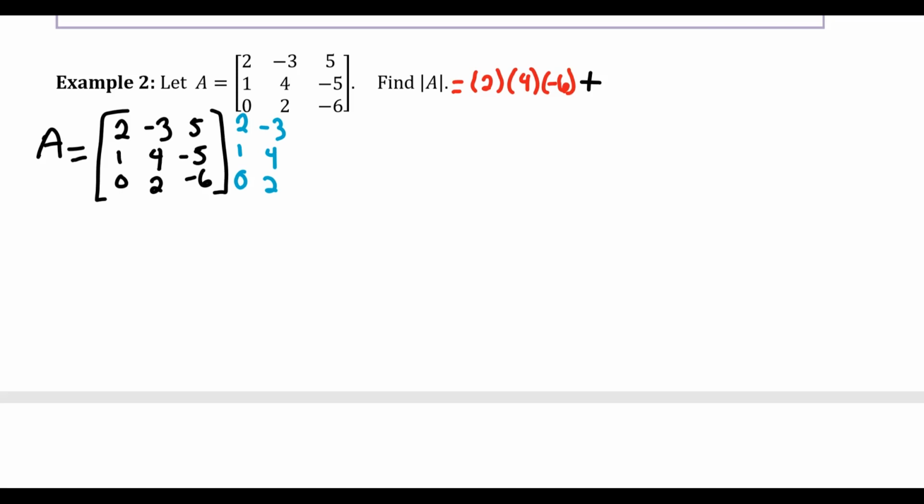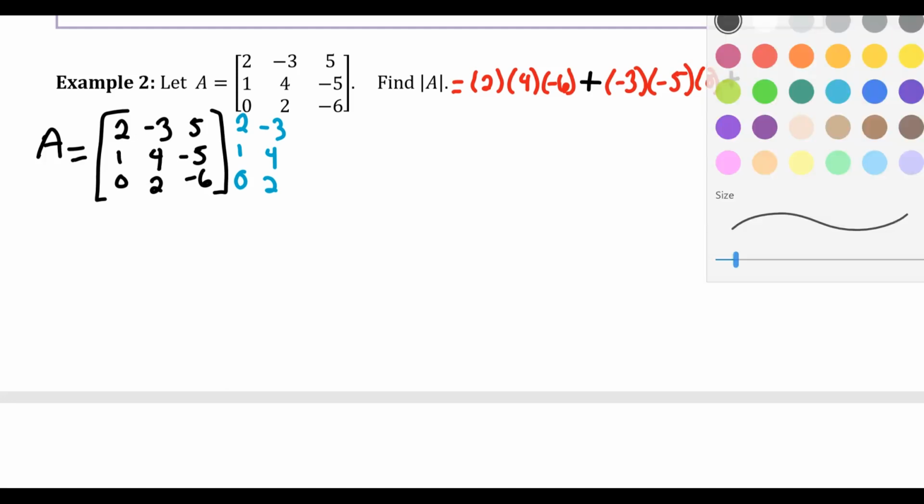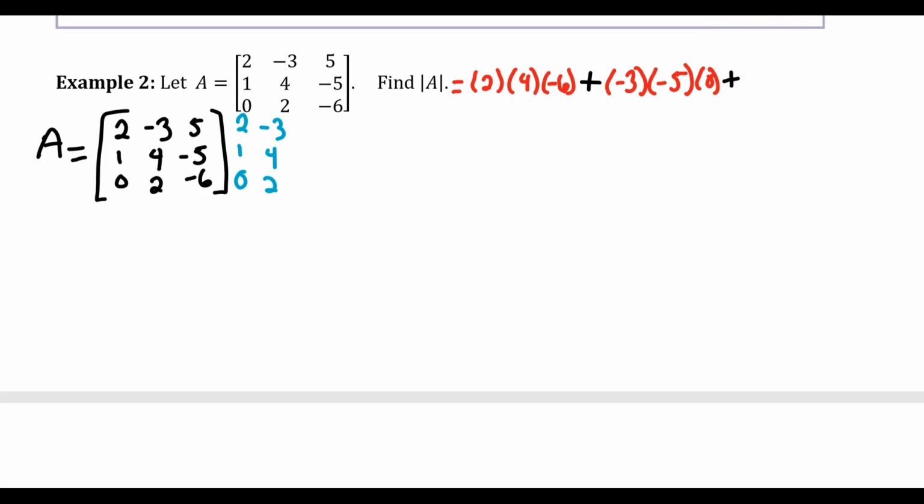Then I'm going to take -3, -5, and 0, so -3 times -5 times 0. I'm still on my forward, so I'm going to put a plus, and then I'm going to take 5, 1, and 2, so 5 times 1 times 2. This finishes out my 3 forward diagonals.